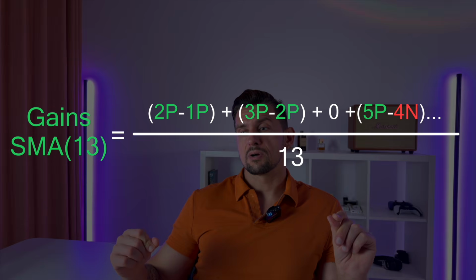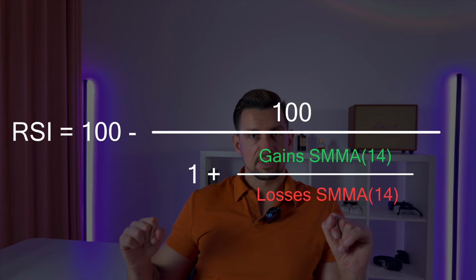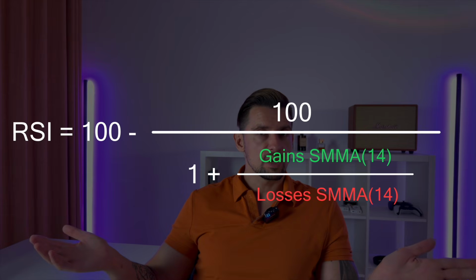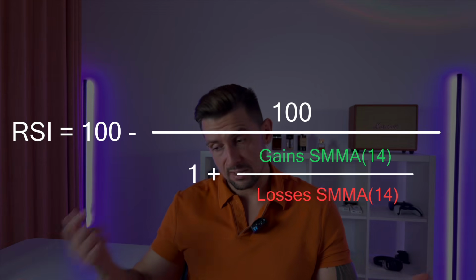You calculate the very same for negative moves, where all the positive price moves are replaced by zero. When you get this ratio, you use the RSI formula to normalize relative strength, and here we go, we get the relative strength index.